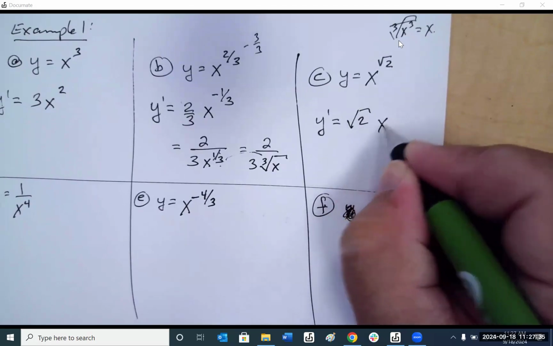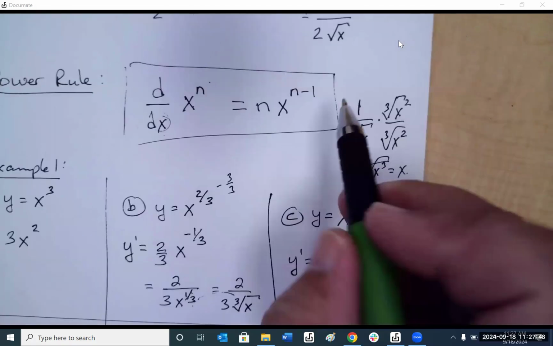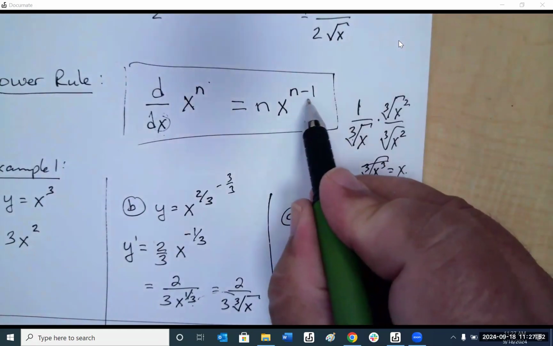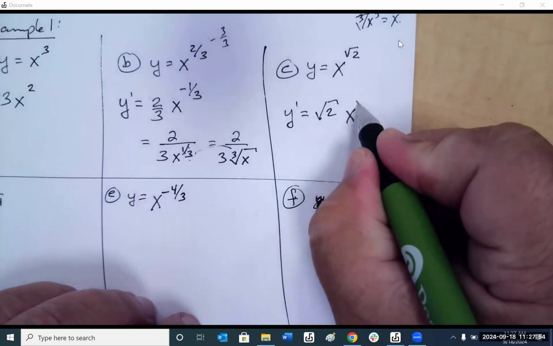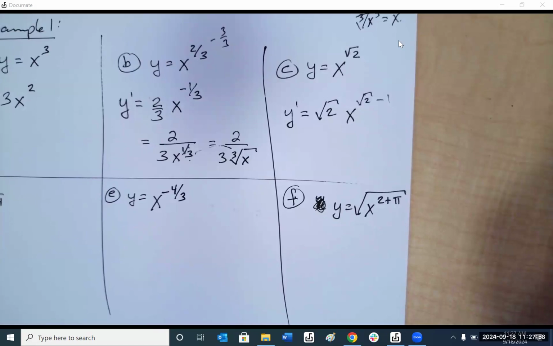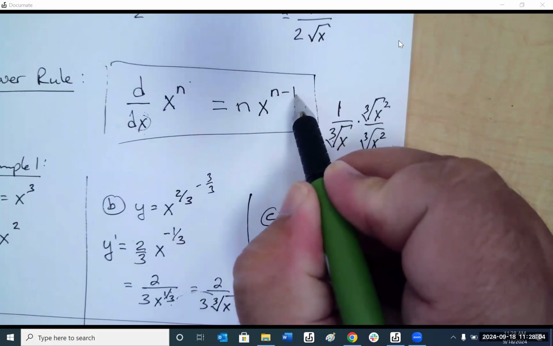Radical 2 x. What's that? What's the rule? What does it tell you to do with the exponent? Nope, square root of 2 minus 1. The formula says whatever you have on top goes in front and just subtract 1 from it.